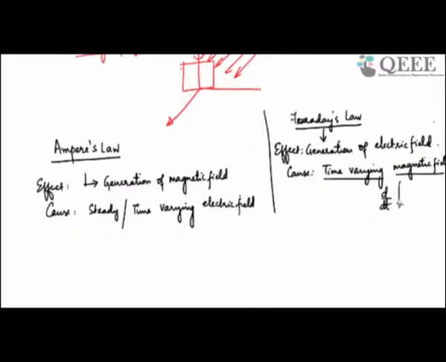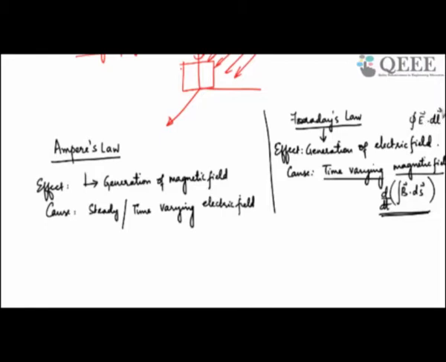But the reason I am discussing Ampere's law after Faraday's law is to prove the point that you needed a time varying magnetic field, which means you needed d by dt of B dot ds, to produce a loop integral E dot dl.